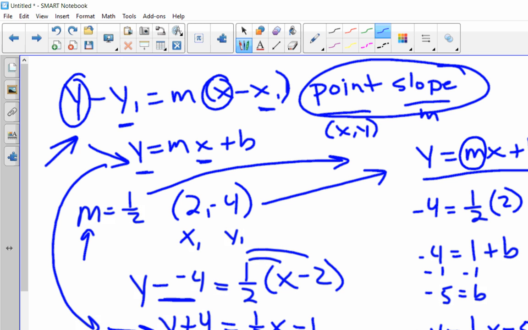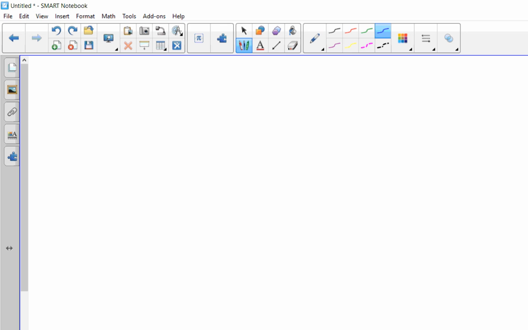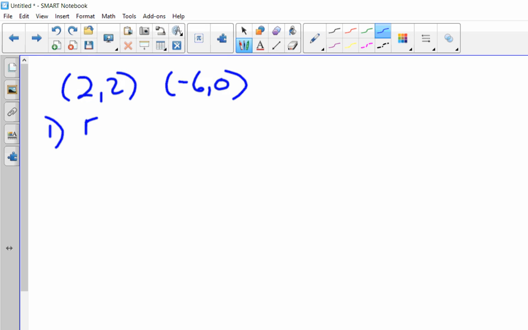Okay, so I showed you with a slope and a point, but sometimes, we're not very nice. Sometimes we're going to make you write the equation of a line with just 2 points. So I'm going to give you these 2 points. And we have a bit of a process here. The first thing I have to do is find the slope.